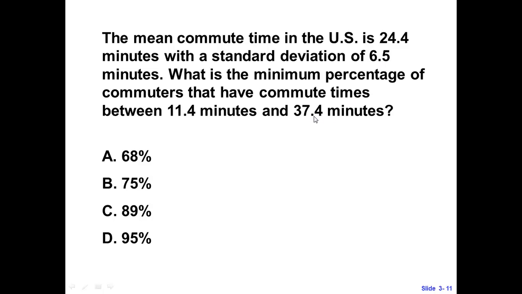The same thing for 37.4. The difference is 13, meaning it's 2 standard deviations. So we have x bar plus minus 2 standard deviations. So that means if we have 2 standard deviations, we have 95% of the data.